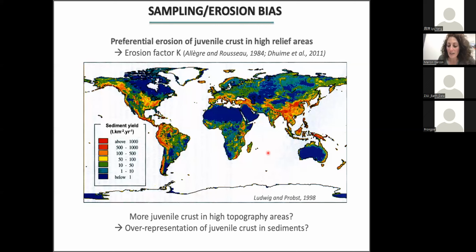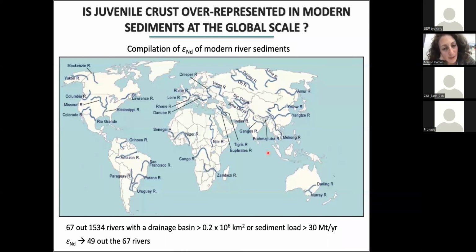And so I decided to look at another database on the sediments that we have today to see whether we could find evidence for this potential bias. So I compiled the neodymium isotopic composition of modern river sediments this time. I would say river sediments that are just exported to the ocean at the mouth of large rivers.